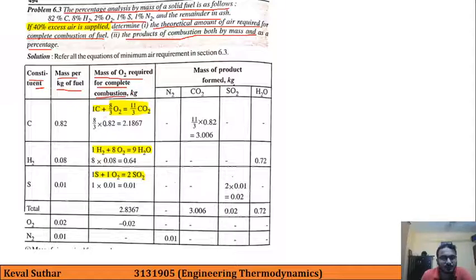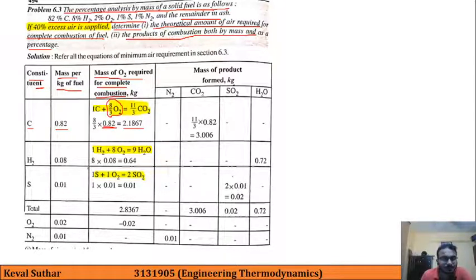As carbon mass is 0.82, here we require 8 by 3 times oxygen, so it is multiplied with the fraction of carbon, that is 0.82. Finally we get that the mass of O2 required is 2.1867 kg.